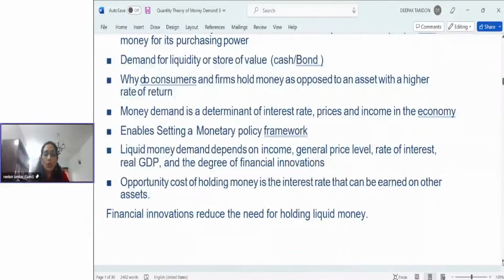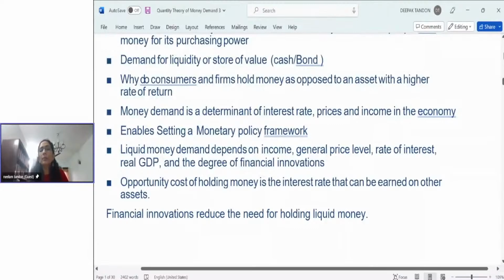You want to invest that money. You want to create money out of money through wealth creation. So that is store of value, which is different from transaction value. Money as a medium of exchange and money as a store of value is very important to remember, because we will come back to this when we talk about theories of money demand.